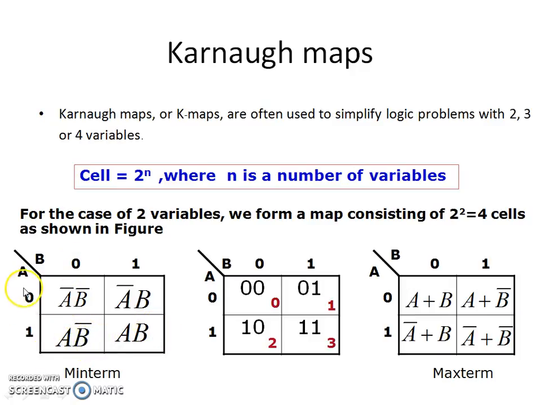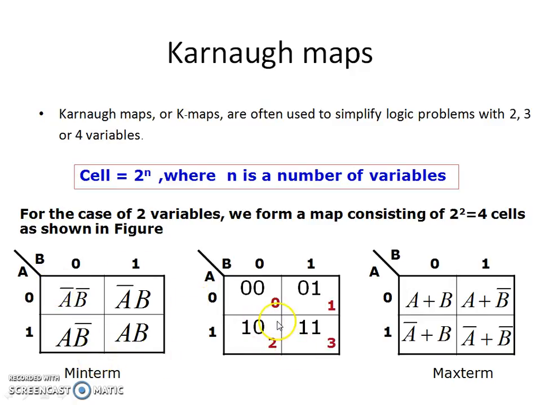And the fourth one, a is equal to 1 and b is equal to 1, so it is ab. Row wise, the first row is a bar and the second row is a. Column wise, the first column is b bar and the second column is b. So we can map these 4 combinations into this graphical representation.